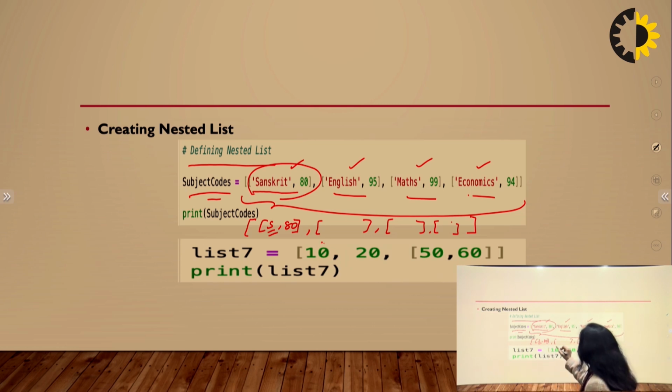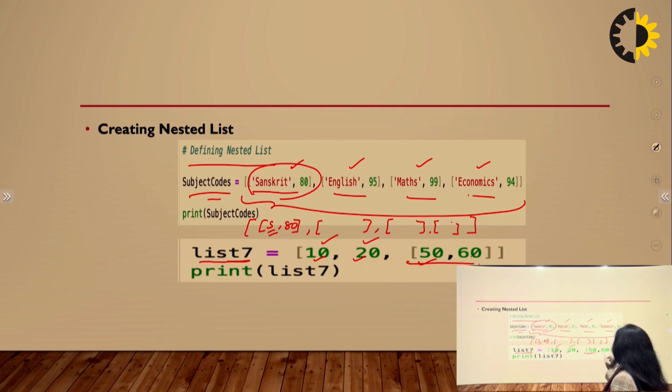But as I told you, it's not necessary that the nested list contains only lists. It can contain numbers as well. It can contain strings as well. So here this variable list7 is having these two numbers and 50, 60, which is a list. So these are the number data types and this is the list data type.